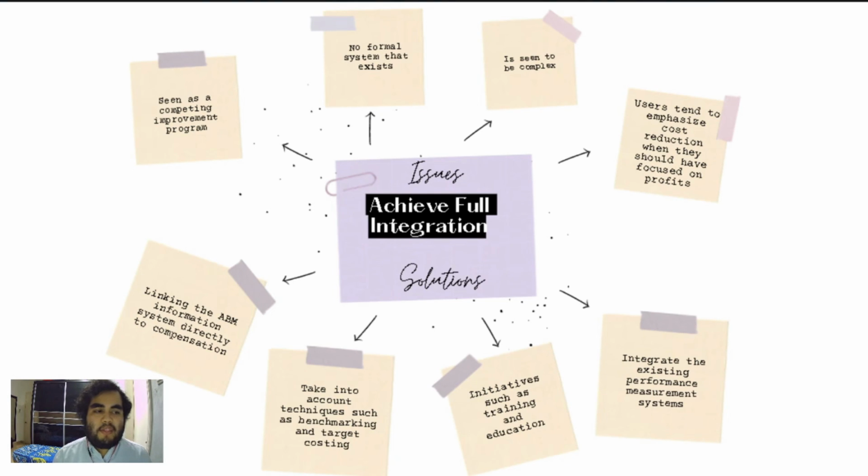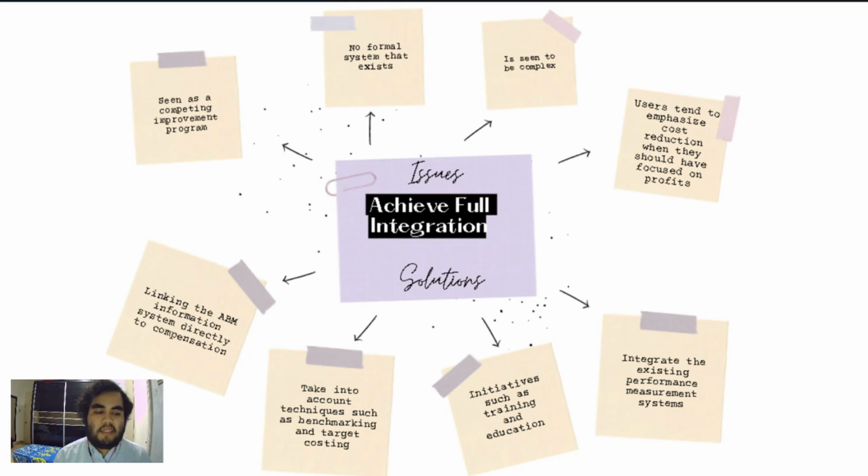Finally, there are also issues that prevent the ABM system from achieving its full integration. This is because the ABM system is seen as a competing improvement program. The ABM system also lacks expertise, which leads many to not use it and not encourage others to use it too. In order to achieve full integration, we can simply link and integrate the existing performance measurement system.